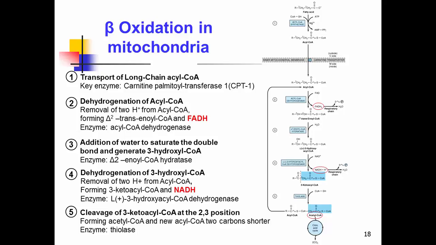And eventually all 8 acetyl-CoA molecules enter the TCA cycle for complete oxidation to CO2 and water, and of course produce ATP and again NADH, FADH, right? So I just wanted to remind you here that in 1 cycle of beta oxidation, we generated 1 FADH and 1 NADH, right?